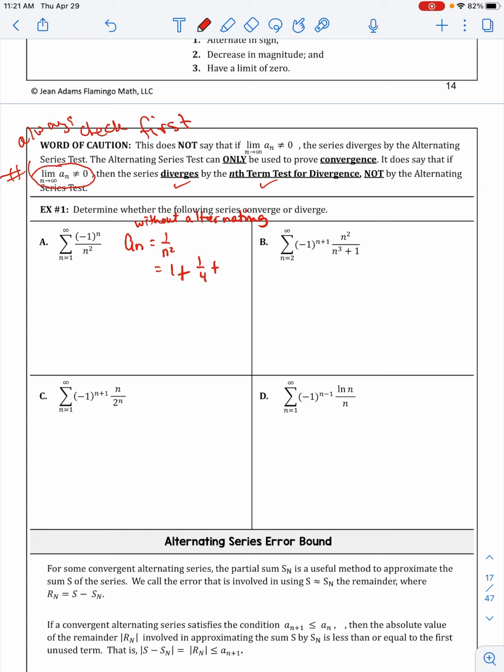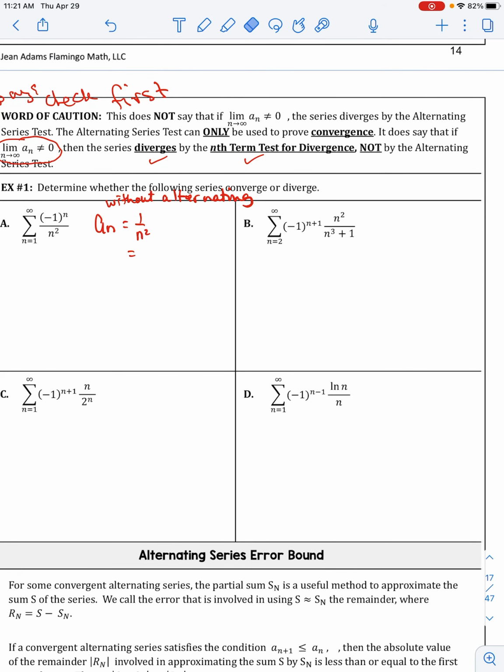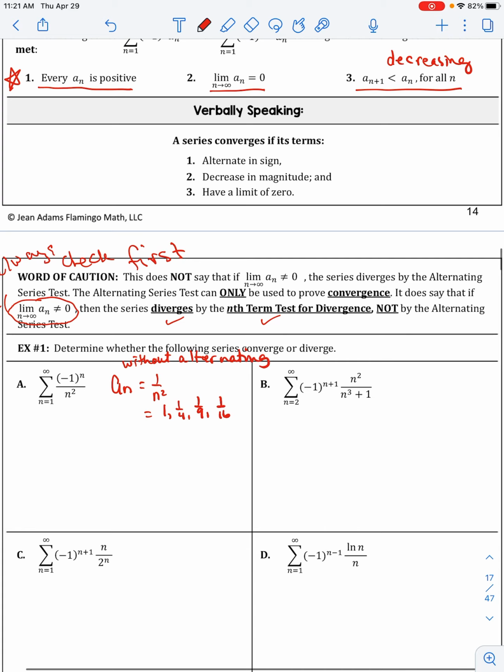If I was showing you what they were, when n is 1, that would be 1. When n is 2, it'd be 1/4. When n is 3, it would be 1/9, and really, I shouldn't be putting plus because I'm not listing the series, I'm listing the sequence: 1, 1/4, 1/9, 1/16.